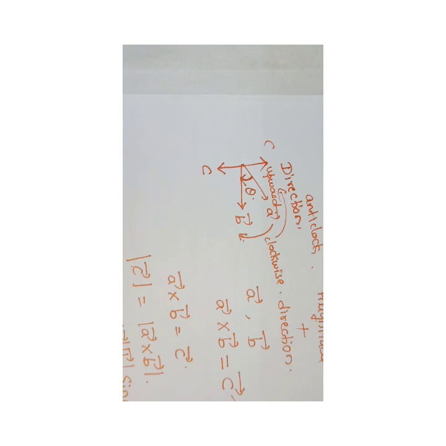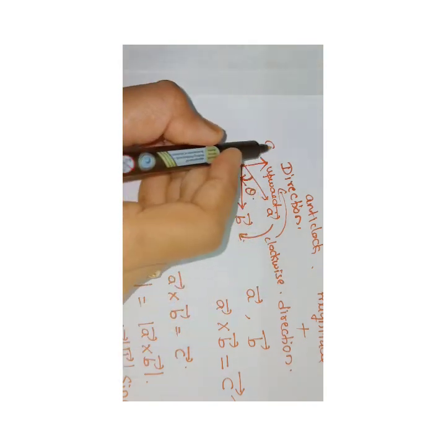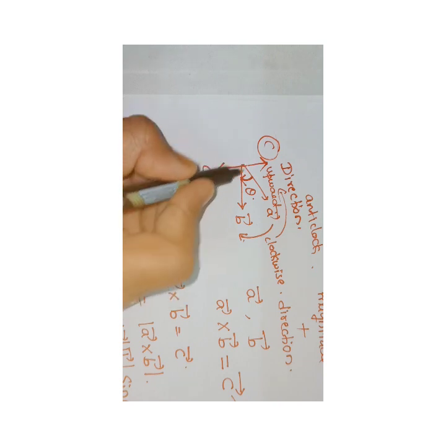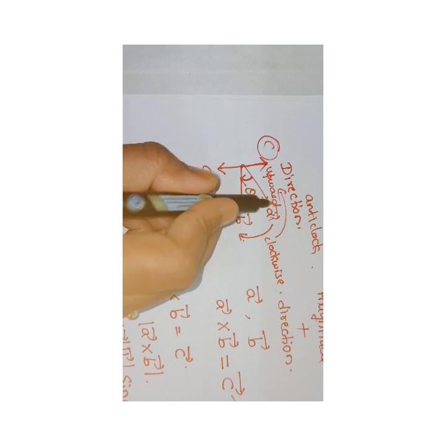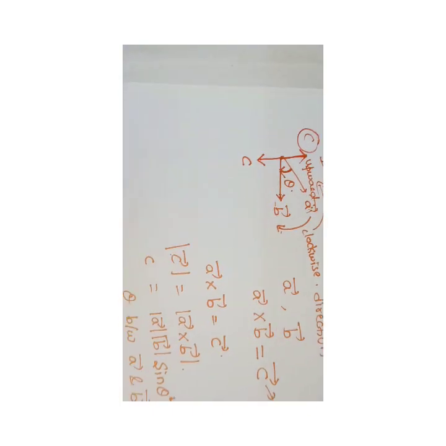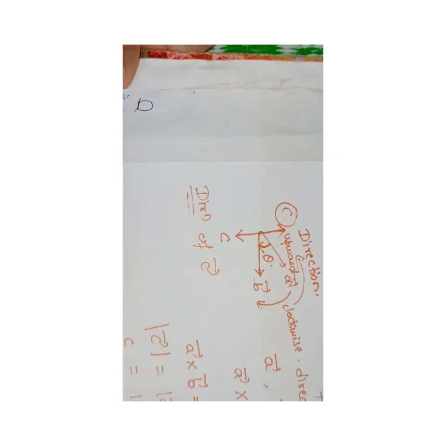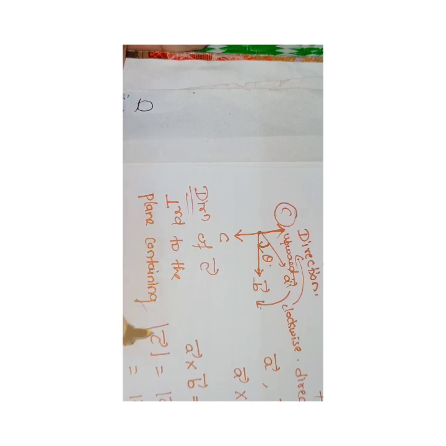So overall, the vector C is perpendicular to the plane containing A and B. Always you have to take the small angle theta here.